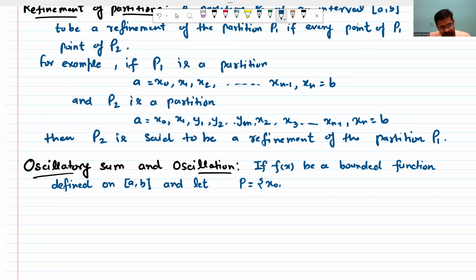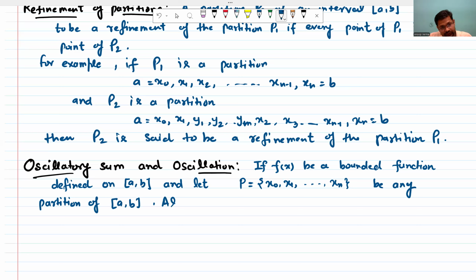This is x0, x1, up to xn. Okay, so this is some partition of this closed interval [a, b]. So you can just write P, any partition of this closed interval [a, b].